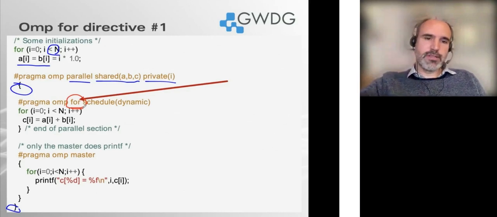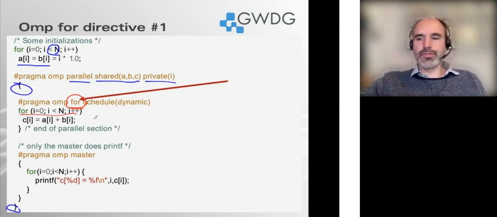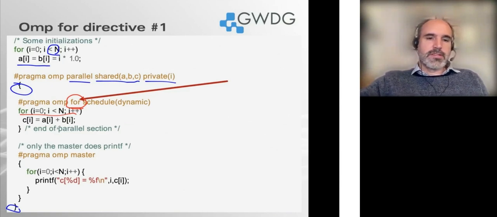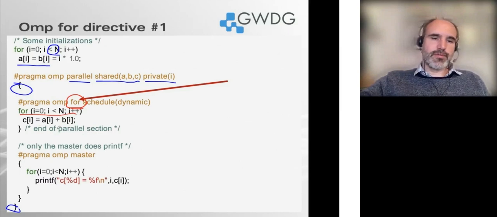I will come back to this later anyway, but just to tell you, what happens is that this concurrent loop, which is directly after this for directive, will be split up according to the threads. So in this example you have n iterations of adding numbers, and these n iterations are split up, and each thread will get a certain amount of these iterations to execute.